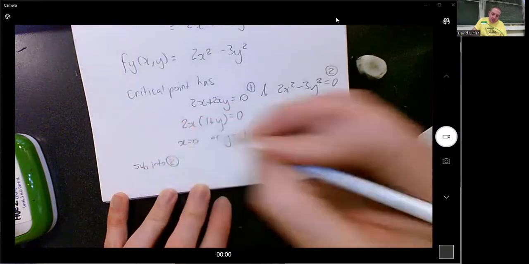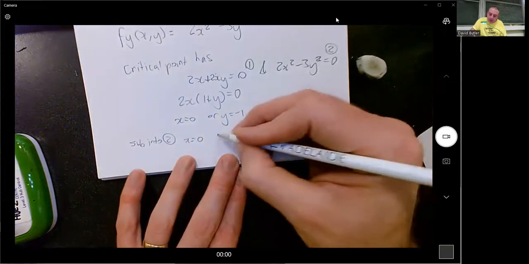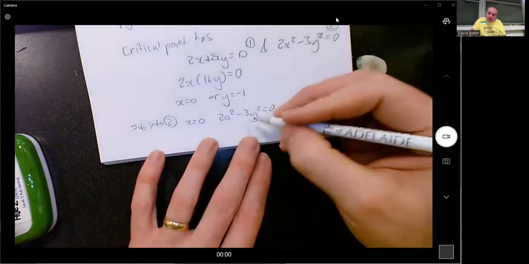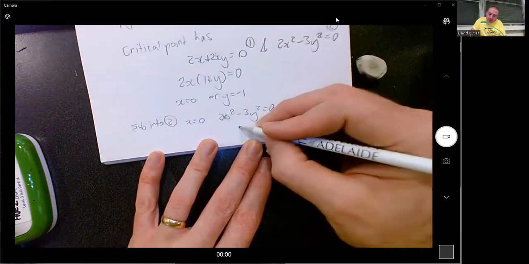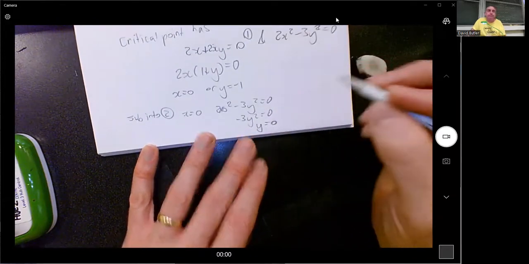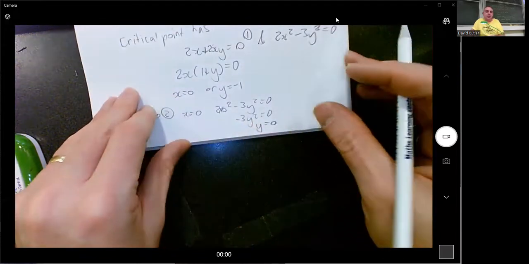Sub into number 2. So if x is equal to 0, I get 2 times 0 squared minus 3y squared is 0. So I get minus 3y squared is 0. That's only going to happen if y is 0. Because I'll divide by the -3 and then square root and I'll just have 0.